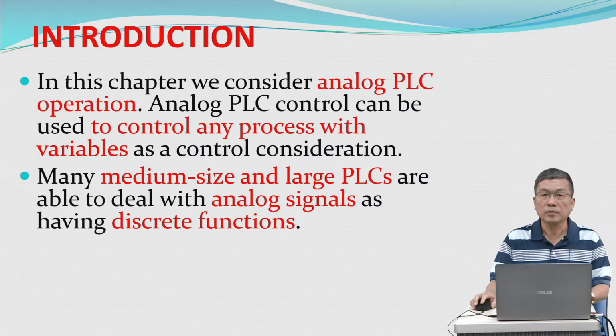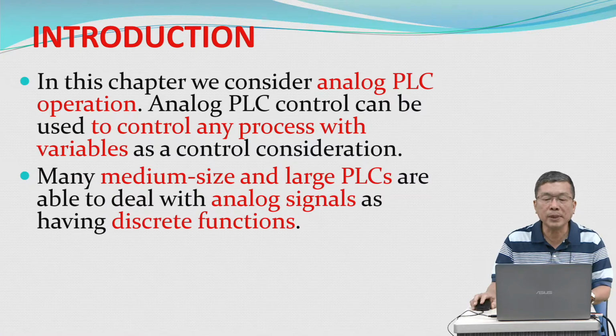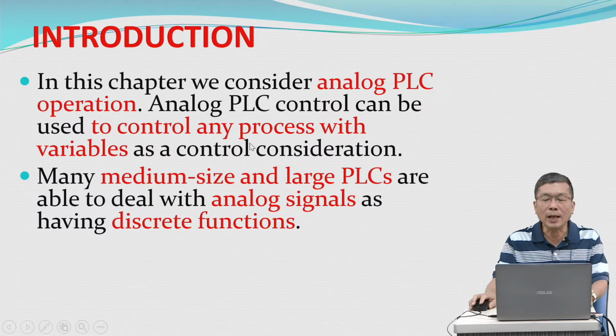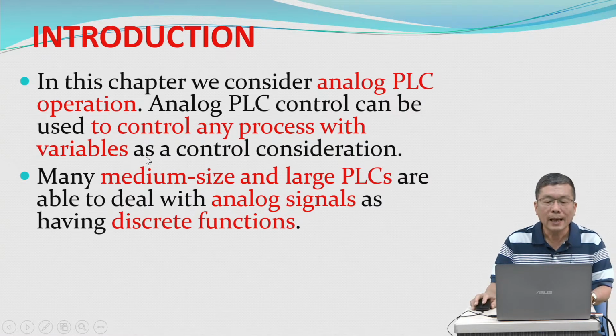Introduction. In this chapter, we consider analog PLC operation. Analog PLC control can be used to control any process with variables as a control consideration. Many medium-sized and large PLCs are able to deal with analog signals as well as having discrete functions.